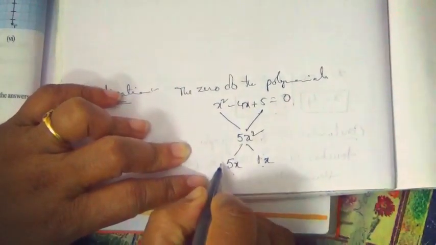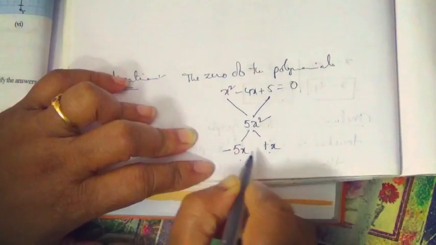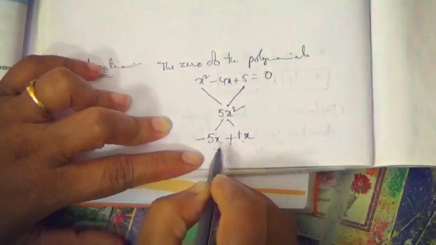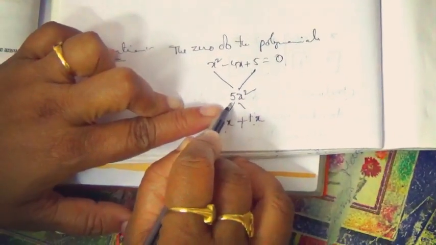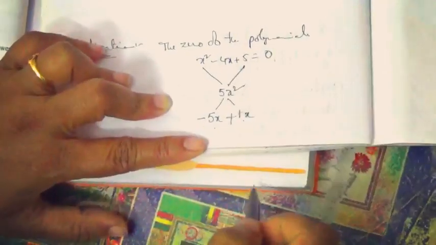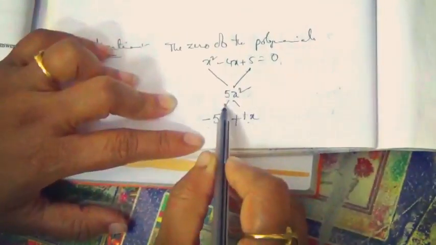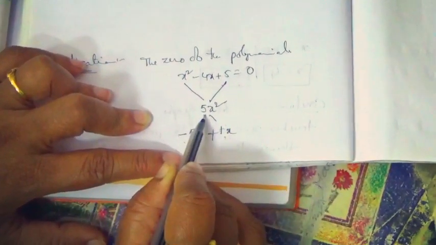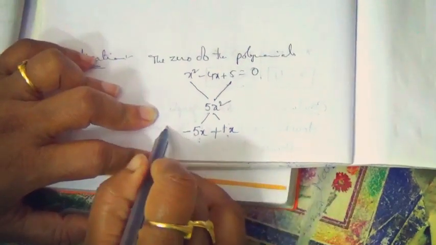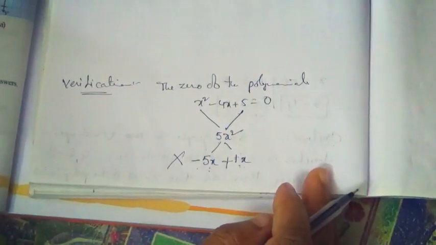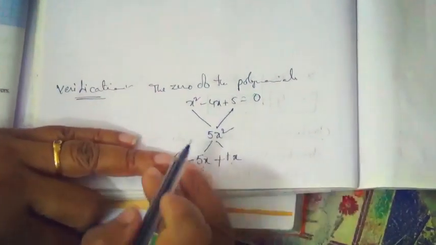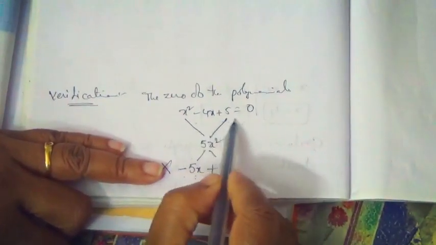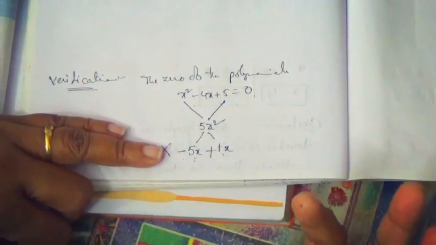If I keep minus in front of this and plus in front of this, minus 5x into 1x is not equal to 5x square, it is minus 5x square that you will get. If you multiply these two terms, then you will get minus 5x square, not 5x square. Then it is not correct. So the verification is not possible for this kind of polynomial. We just check by our own. The verification is not possible for this kind of polynomial.